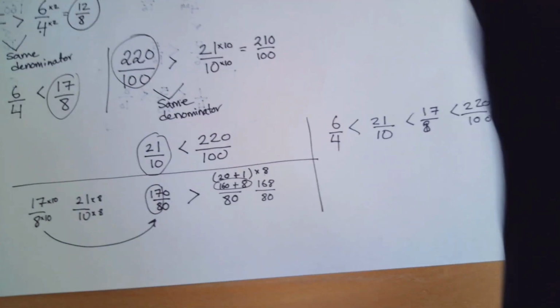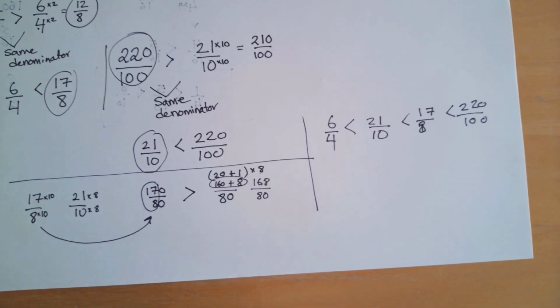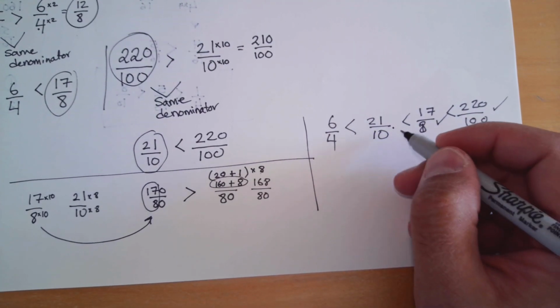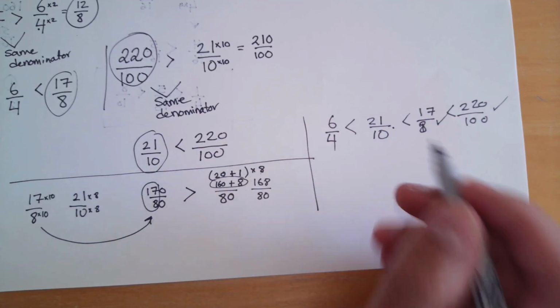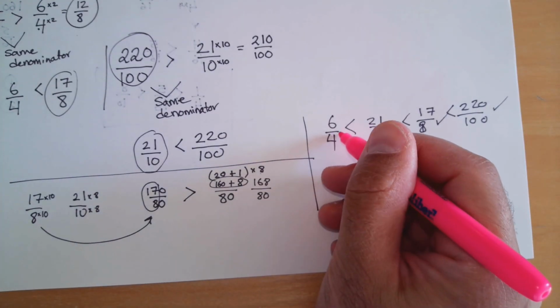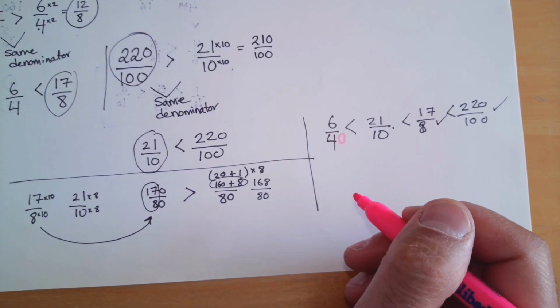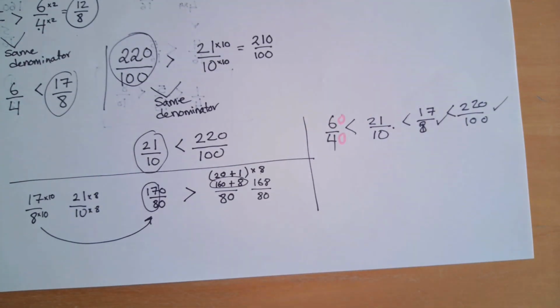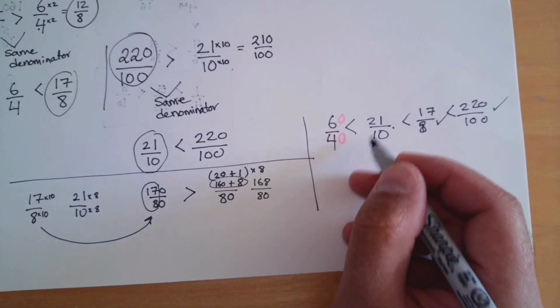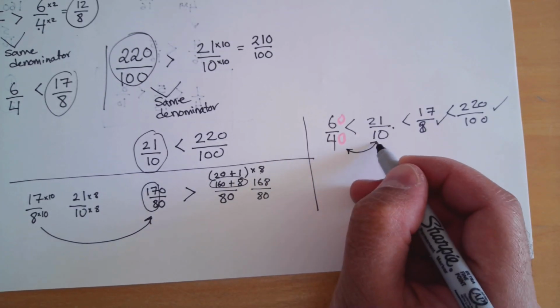Okay? Now, we're not done yet. We're done with the biggest, with the second biggest, now like I'm looking here, and if that 6/4, if we make it 40, that's going to be 60, right? So 6/4 is bigger than 21 tenths. So we're going to flip them.